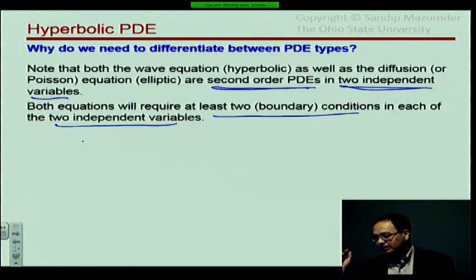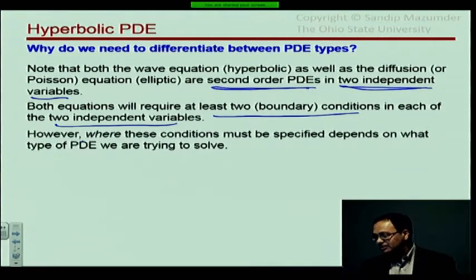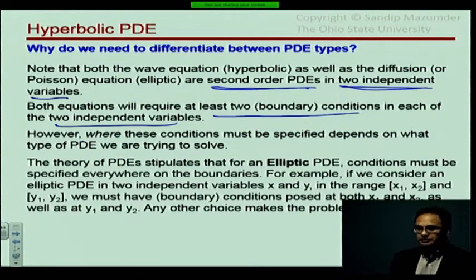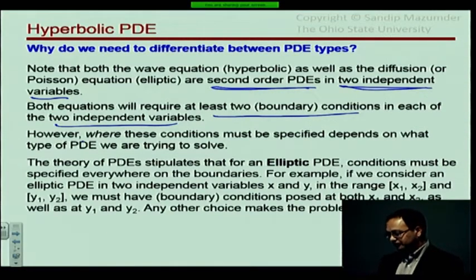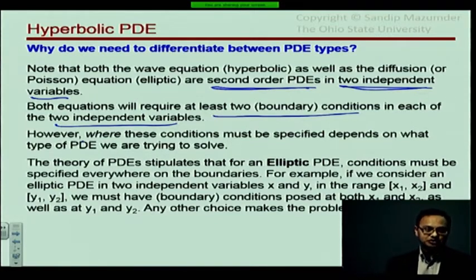But the big difference between the elliptic type and the hyperbolic type is where you apply those boundary conditions. In the elliptic case, the theory of differential equations states that if you have an elliptic partial differential equation, you must specify boundary conditions on all bounding surfaces of your domain.